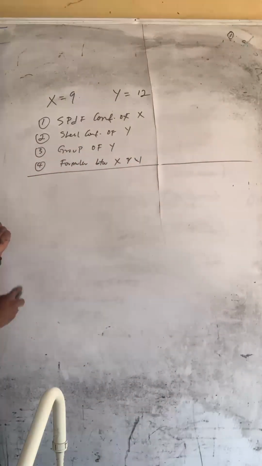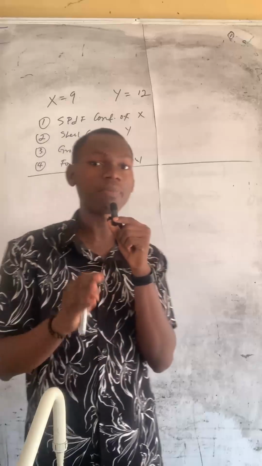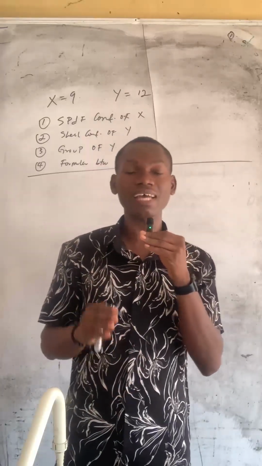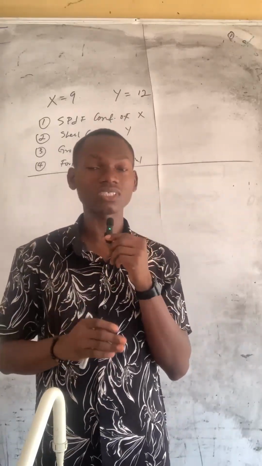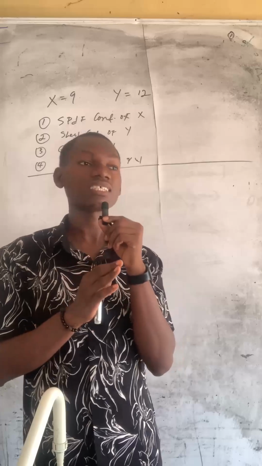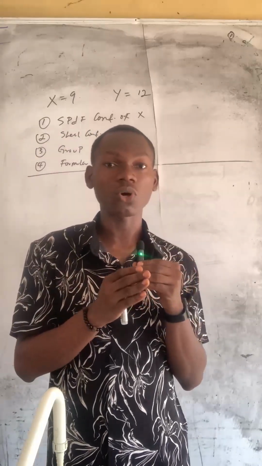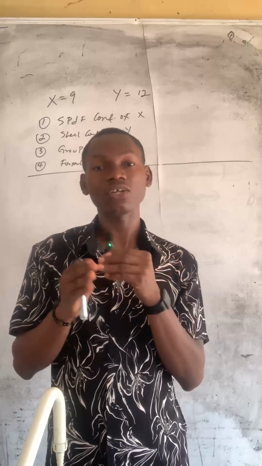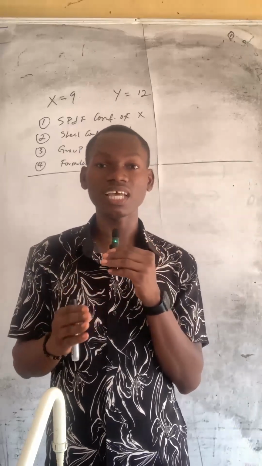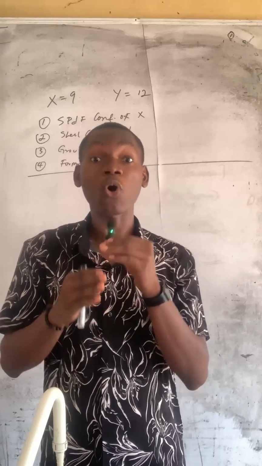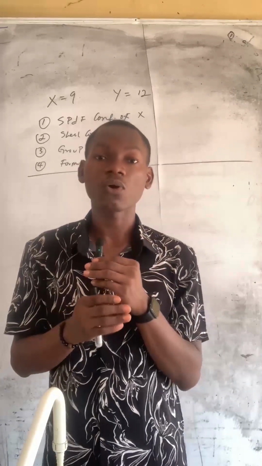Now the first question talks about electronic configuration. What do we mean by electronic configuration? It is simply the arrangement of electrons in the shell of an atom. Now this arrangement is done in 2 different ways. We have the shell configuration, also known as the KLMN notation, and the SPDF configuration, also known as the orbital or the subshell configuration, right?